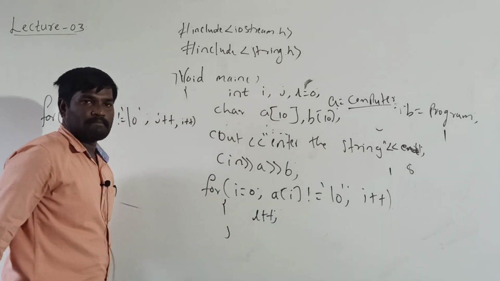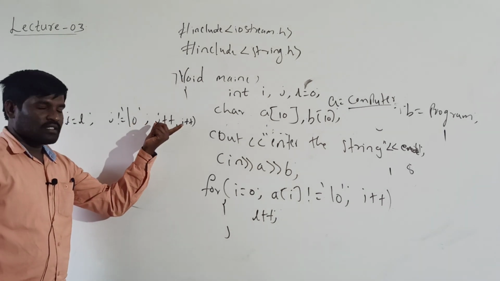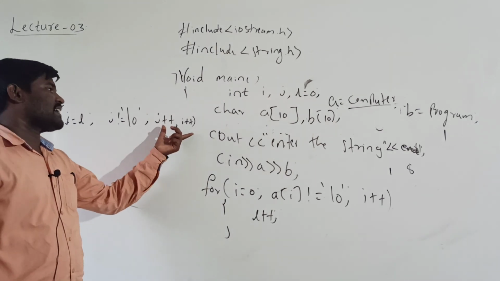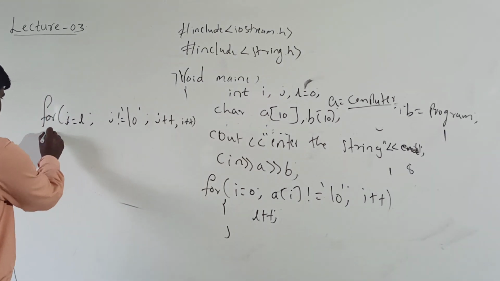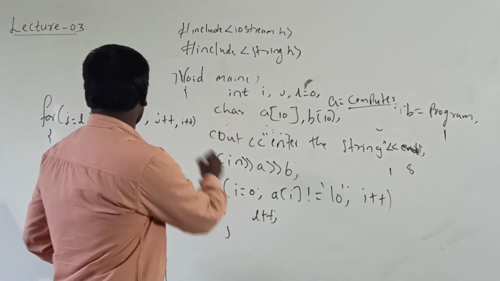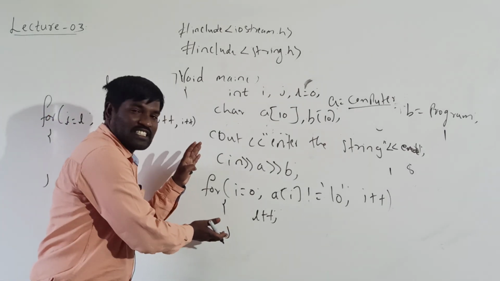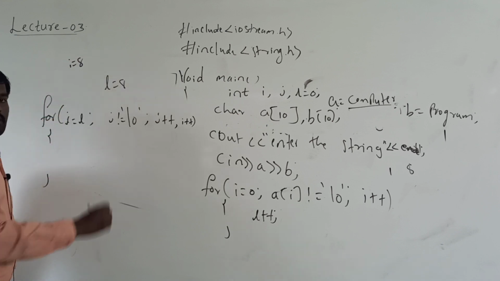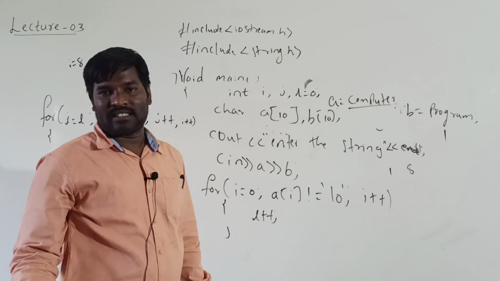See the difference here. Usually we write only one increment or decrement, but here I have to write two. It is also possible because here the L value is 8. Even once the condition is false, obviously the i value is also 8, because a[8] is the null character, and the condition null not equal to null is false.